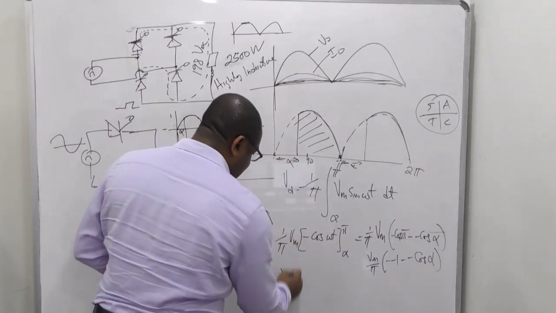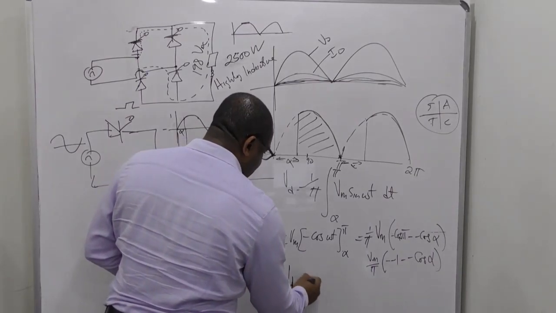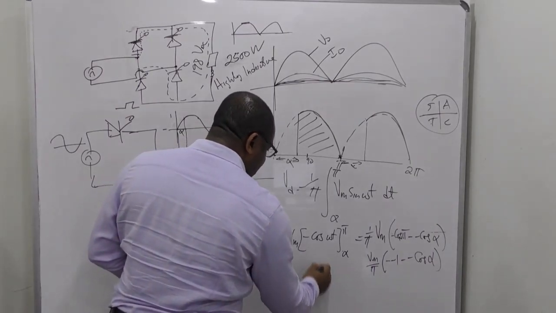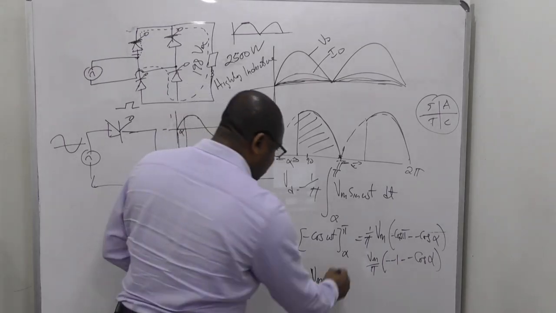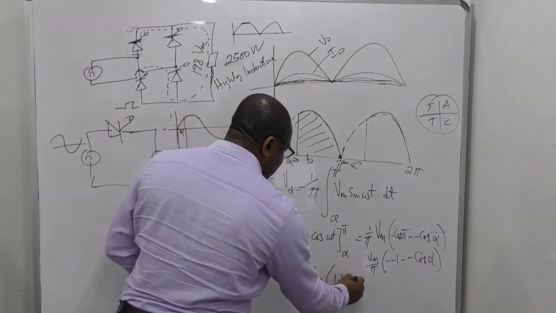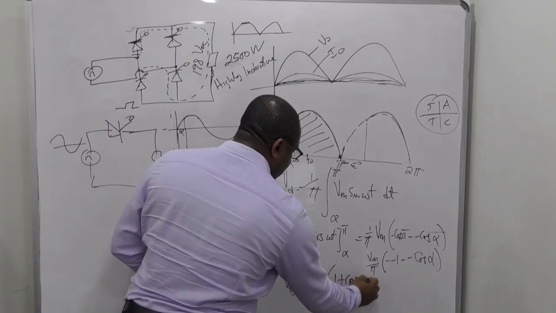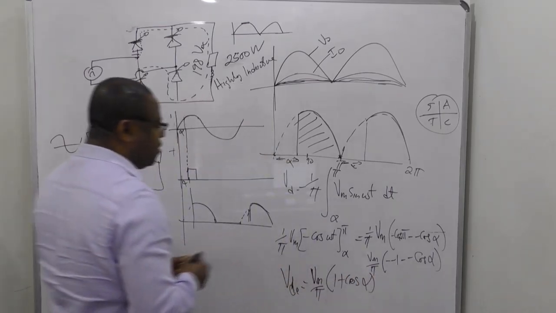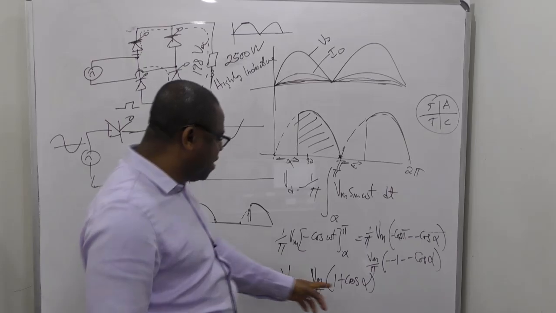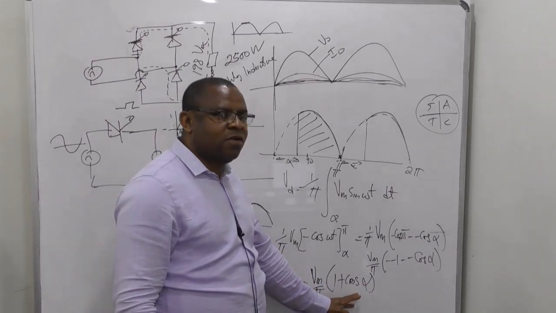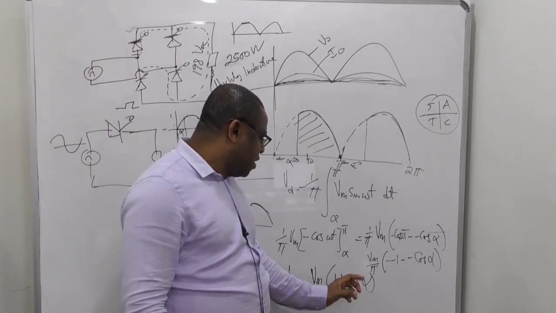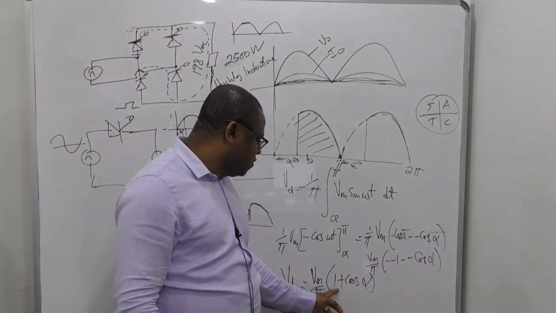So VDC is Vm over pi into 1 plus cos alpha. So if alpha is 0, then cos 0 will be 1, and 1 plus 1 is 2.